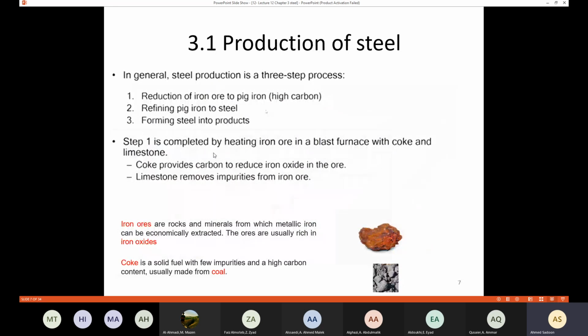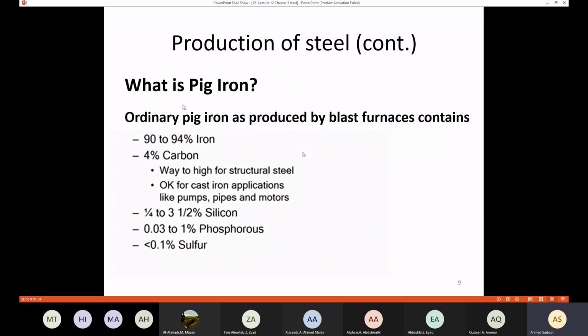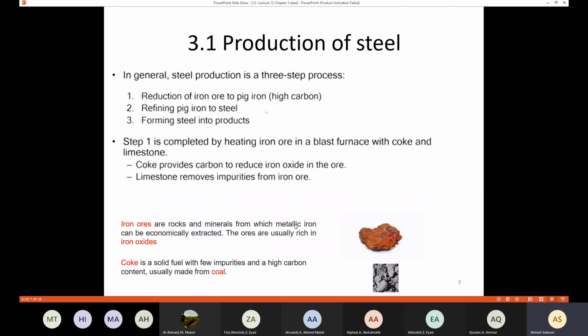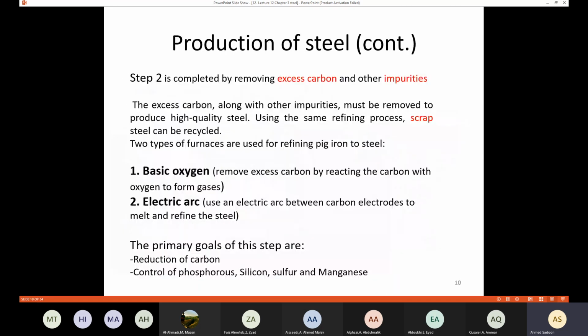So the result of mixing the iron ore, the coke, and the limestone, we are going to get the pig iron. So the ordinary pig iron is produced by the blast furnace. From the blast furnace here, the molten iron is the pig iron.